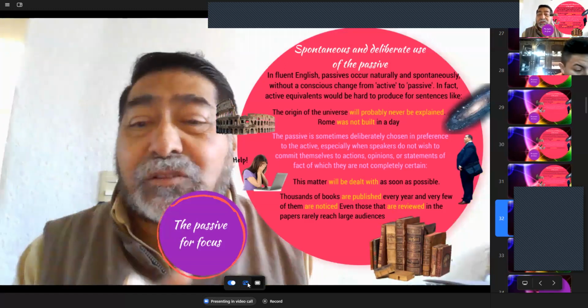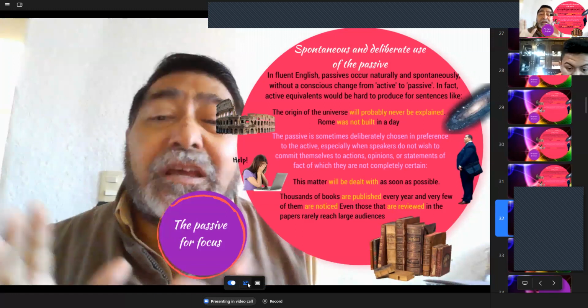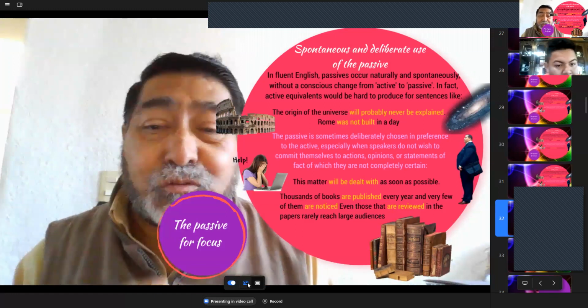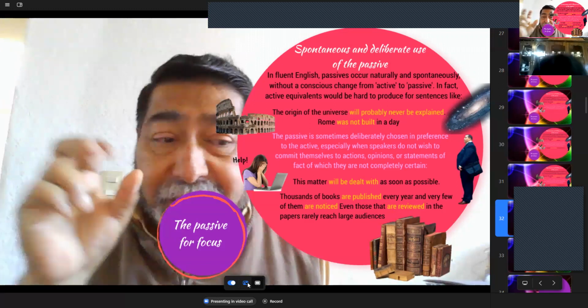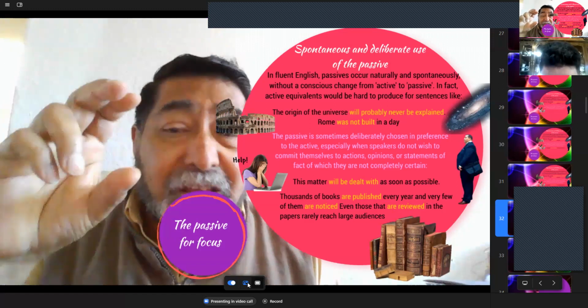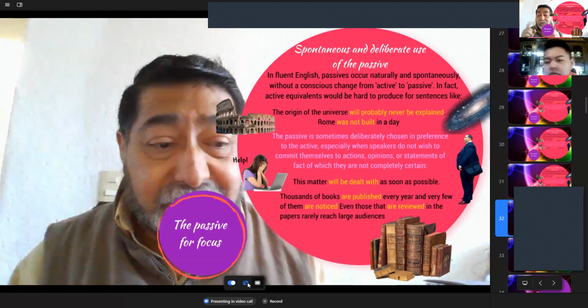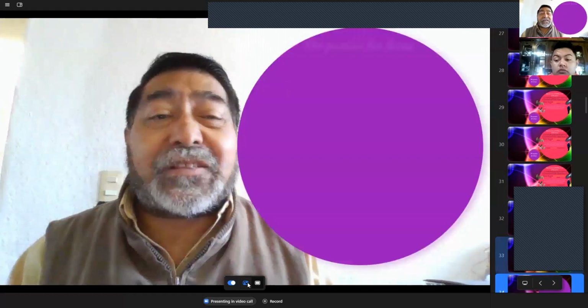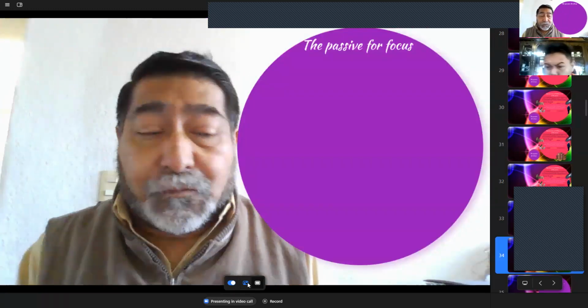What are we focusing on when we use the passive voice? We use the passive voice for focus, for getting attention to a specific part of the sentence or a specific part of an idea. Now here we have this example, the passive for focus.